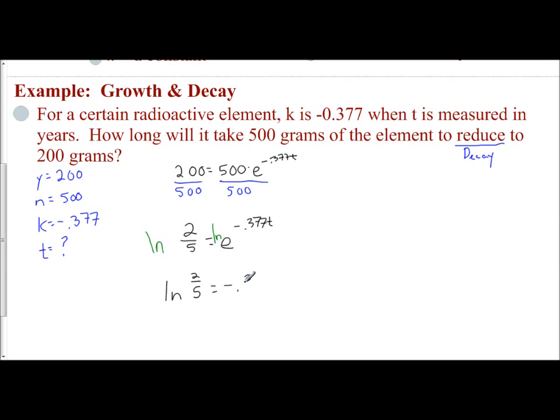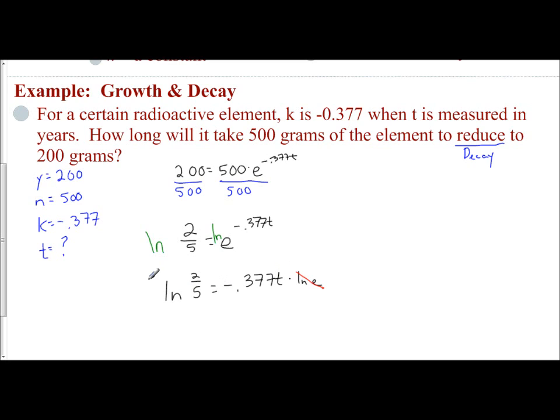So negative 0.377t times the natural log of e. And remember, the natural log of e is just 1, so that cancels out. And so really I have the natural log of 2/5 equals negative 0.377t.